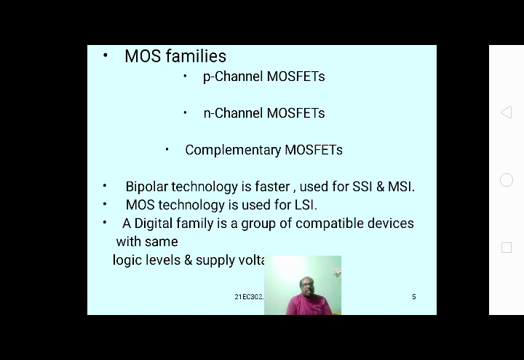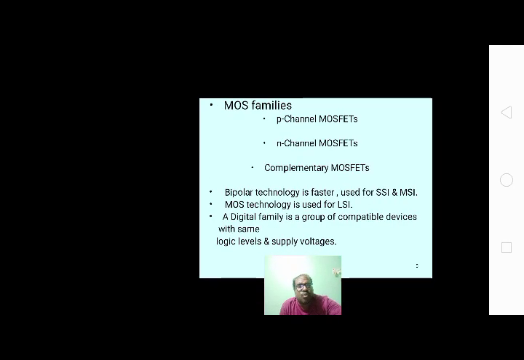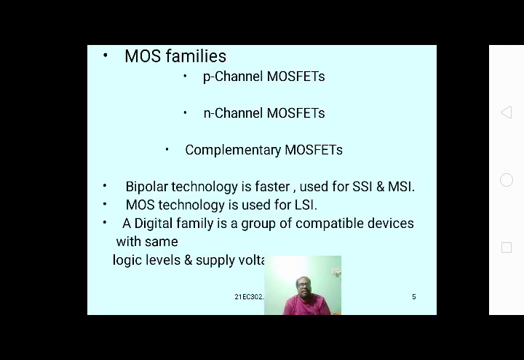These are the different integrations. MOS technology is used for LSI, large scale integration. A digital family is a group of compatible devices with the same logic levels and supply voltages.